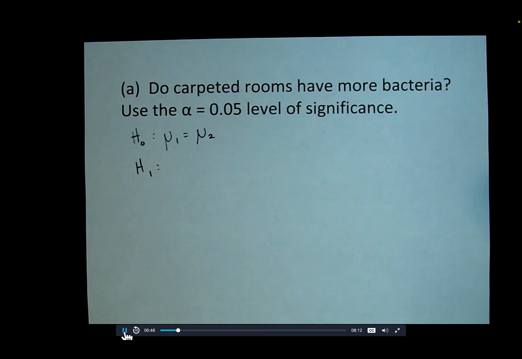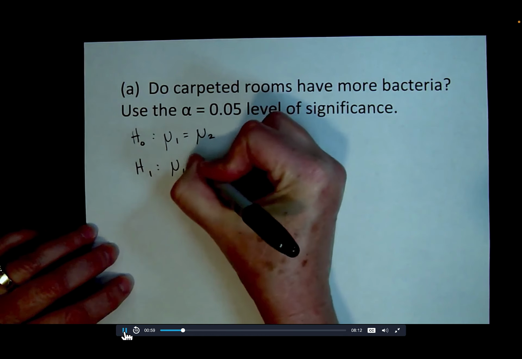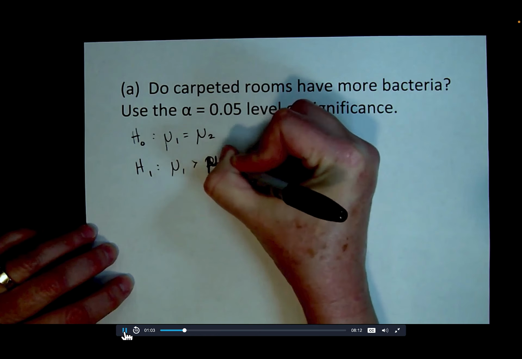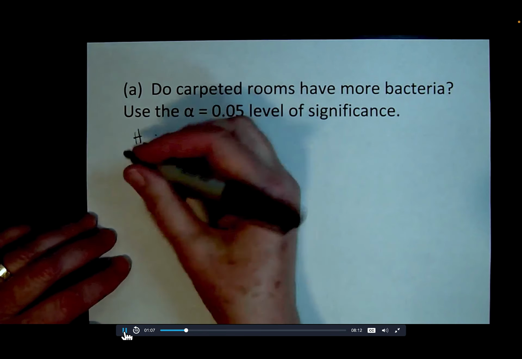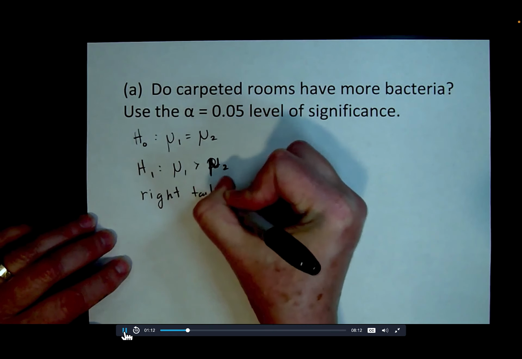Okay, that first column was the carpeted rooms, and I used X sub 1 and S sub 1 for that. So the carpeted rooms must be population 1. So we're investigating the hypothesis, is mu1 greater than mu2. That's our alternate hypothesis that we want to know about. Notice that's a right-tailed test.